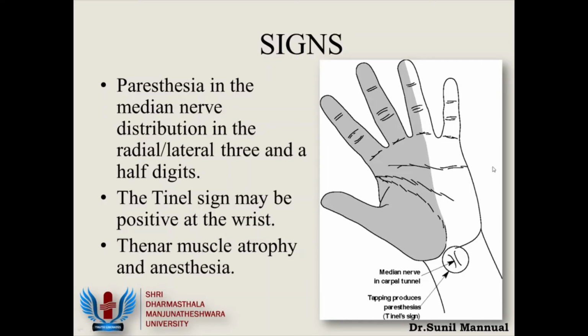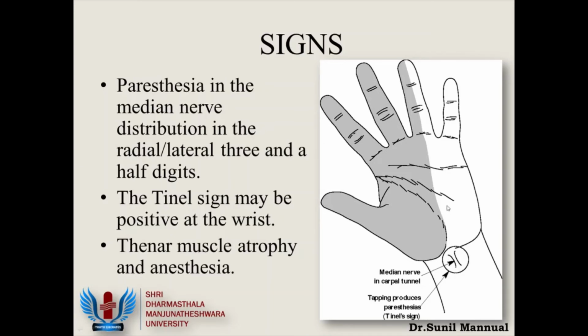Added to that, we can elicit a Tinel sign, that is a tingling sensation along the entire distribution of the nerve by tapping the median nerve at the level of the carpal tunnel. In late stages, as the disease progresses, some patients present with thenar muscle atrophy, and as I mentioned before, in the late stages the patient can even present with complete anesthesia.